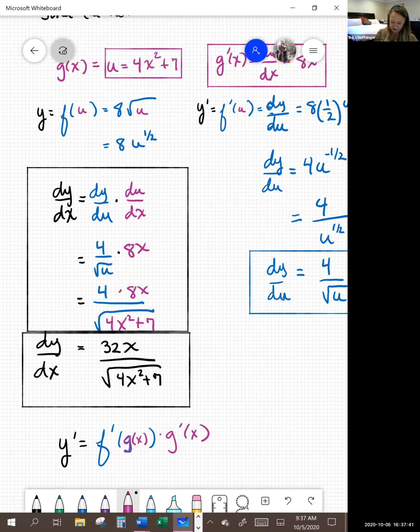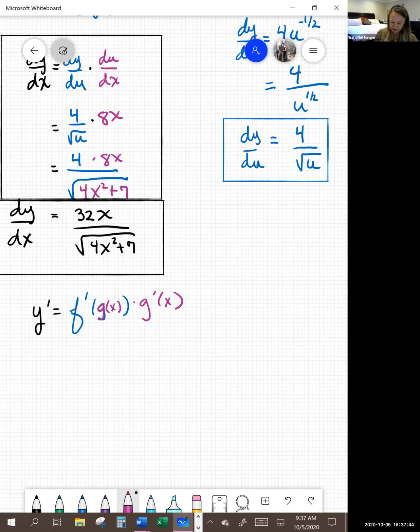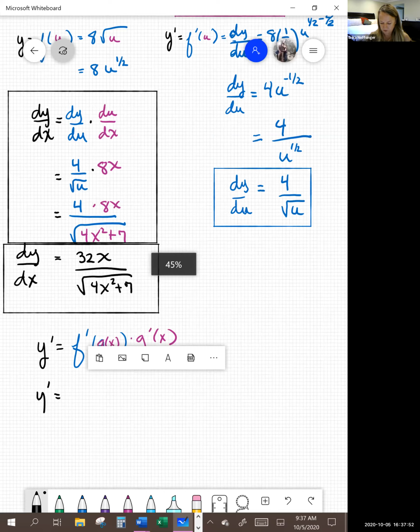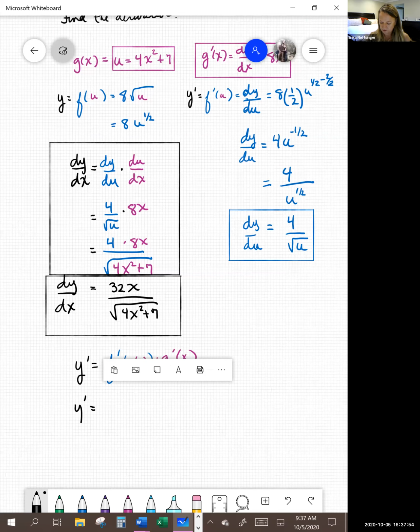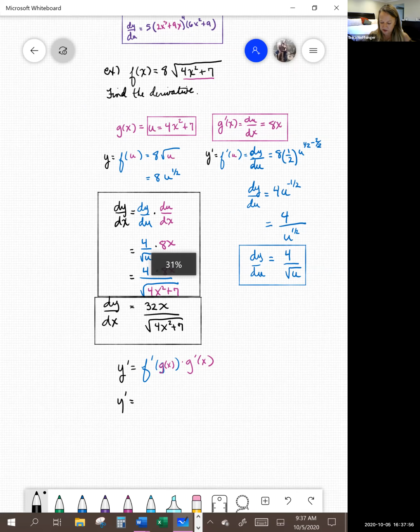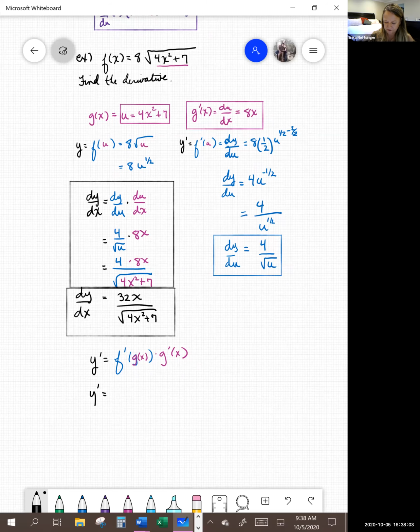So using that notation, in our case, the derivative of the outer is this piece.